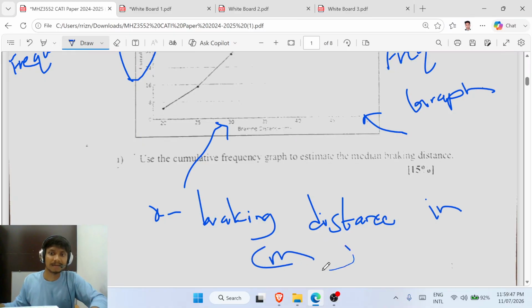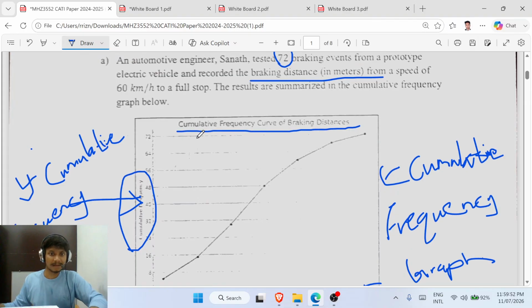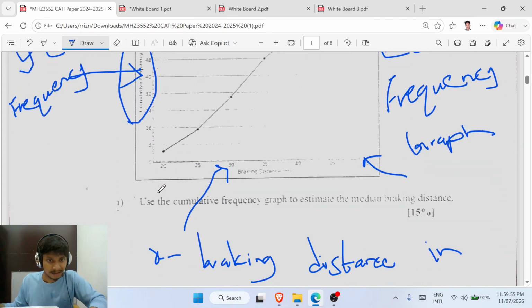Braking distance in meters. Now this is the cumulative frequency graph. Now let's move to the first question.